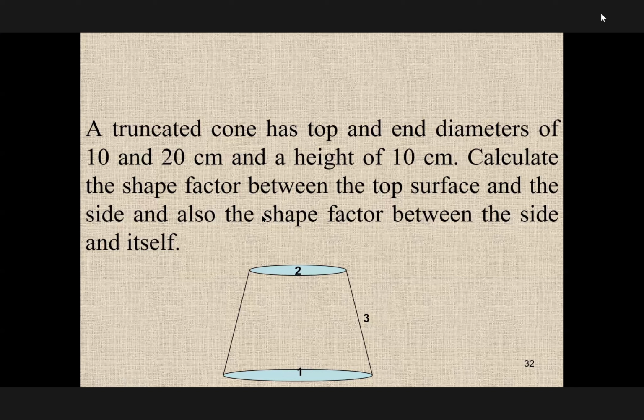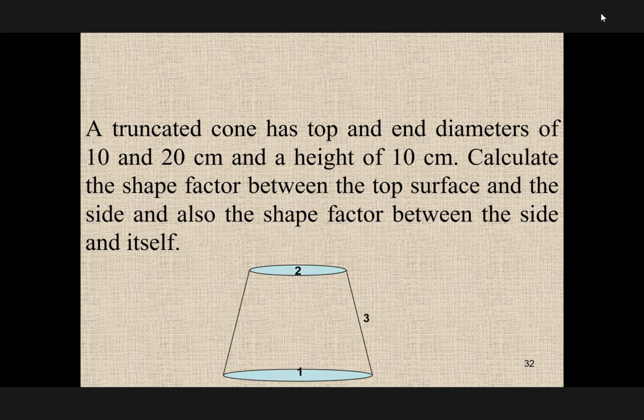Now it's asking also for the shape factor between the surface and itself, F3 to 3. Any idea? We have F2 to 3 and F3 to 2 should be equal. And then we have F3 to 2 plus F3 to 1 plus F3 to 3 equals 1.